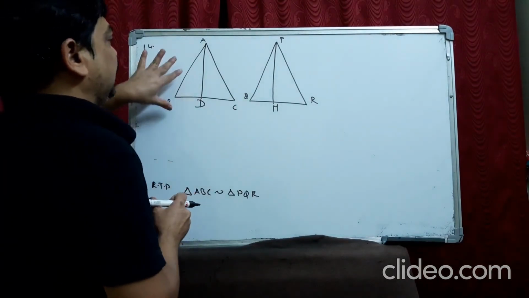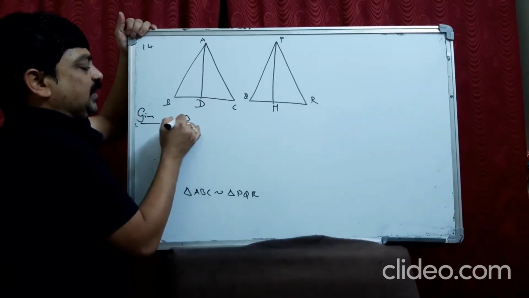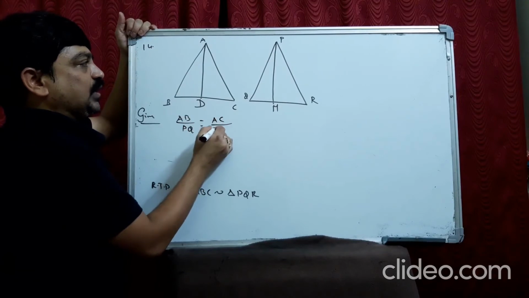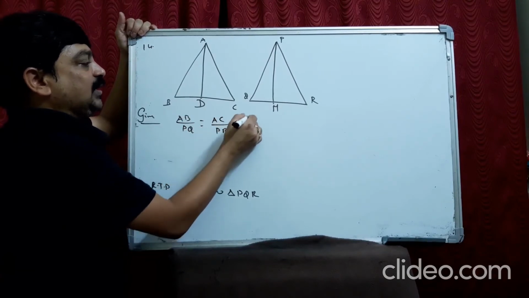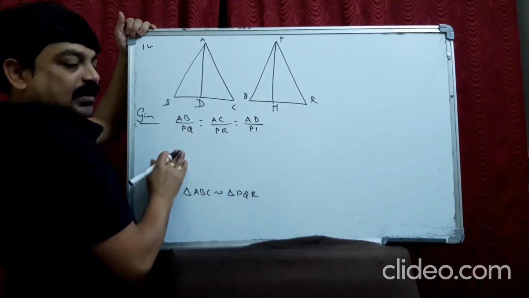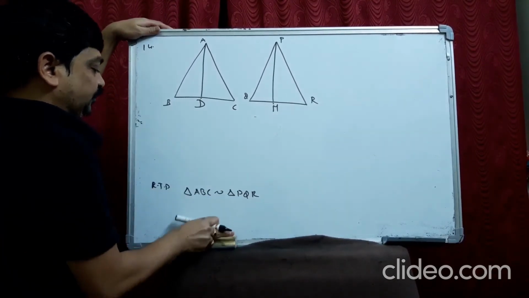14th question, guys. You are given that side AB by PQ is proportional to AC by PR and the median AD by PM. It is better if I write it down.